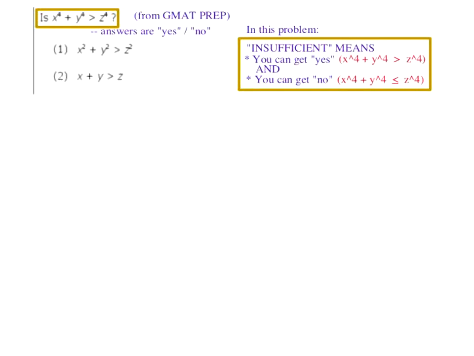So if you try an algebra approach here, if you try squaring statement 1, then it's x squared plus y squared, squared. So that's x to the 4th plus 2x squared y squared plus y to the 4th is greater than z to the 4th. So let's put the exponents in there.